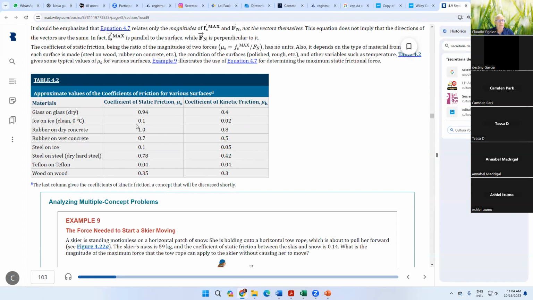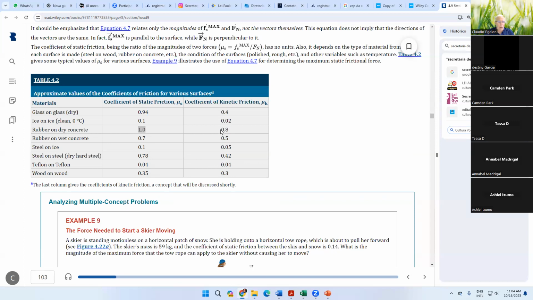Ice on ice, very little friction. Okay, whenever it's moving. Rubber on dry concrete, just like the case of your car. The rubber of your car in contact with concrete, dry concrete, right? That's the coefficient of static friction between the rubber and the concrete.